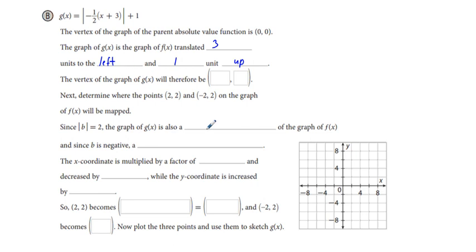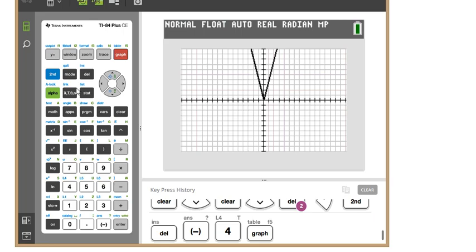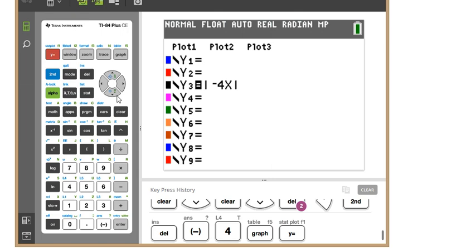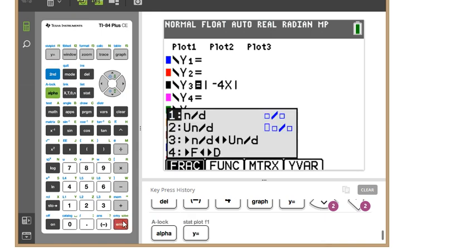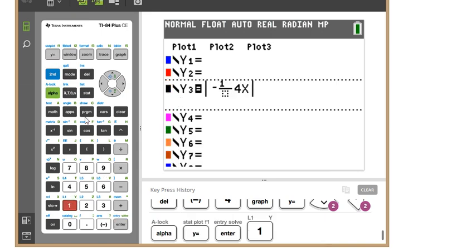And so the vertex of the graph will therefore be the coordinate pair -3, 1: 3 units to the left, -3 comma 1. And I'm going to graph this in the calculator, kind of to be sure of this. So we go here, we say alpha -1/2, and we come here, we get parentheses.